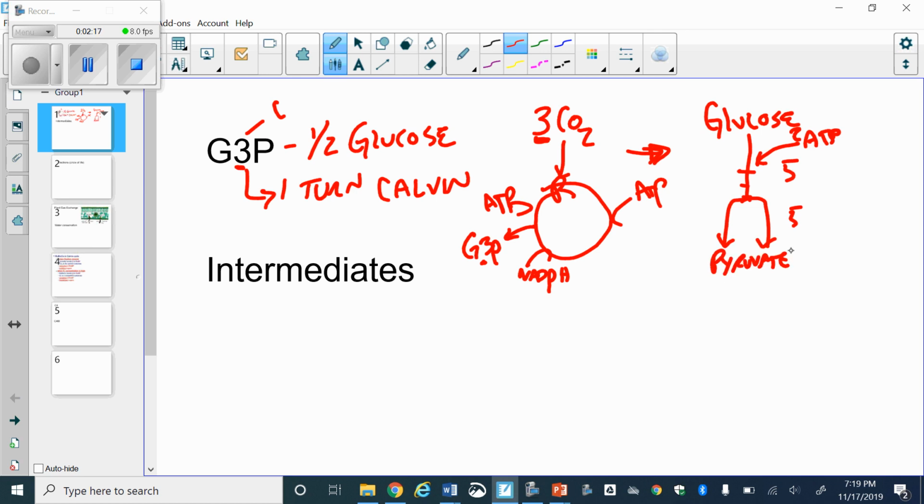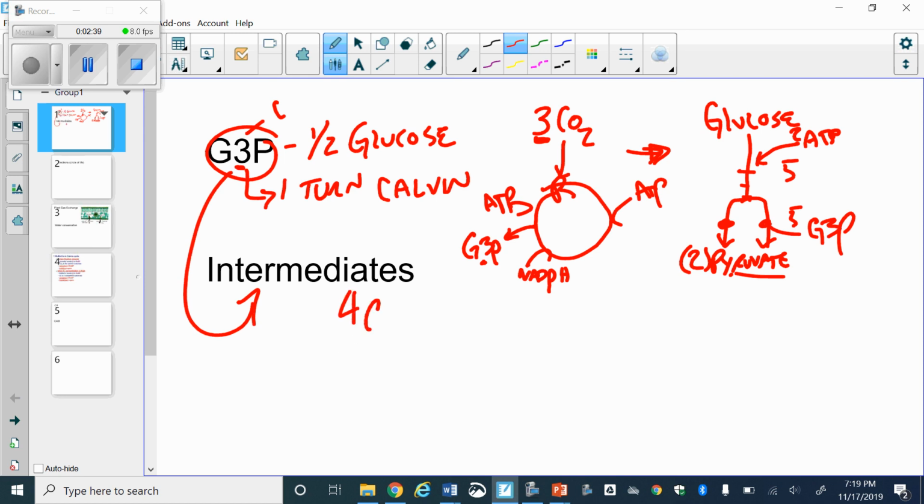The molecule right in here was G3P, which is almost pyruvate. So G3P is the molecule that glucose got broken up into when we ran through glycolysis. And the beauty of G3P is it serves as an intermediate for all 4 biomolecules.